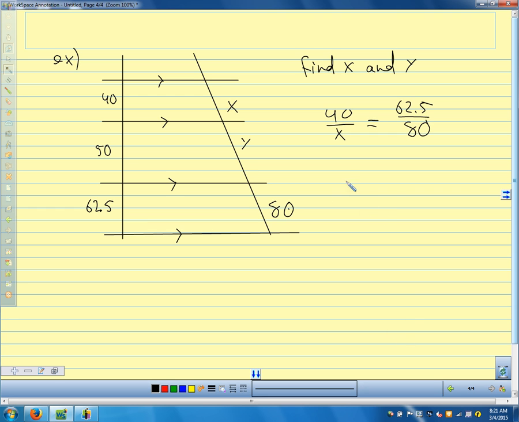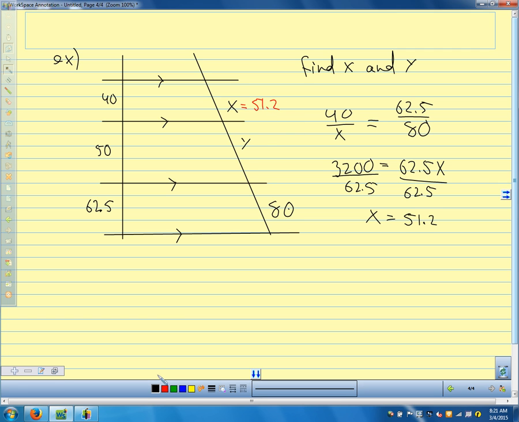Now I cross multiply. 40 times 80 is 3200 equals 62.5x. Divide by 62.5. And if I do that, I get x equals 51.2. So there's one.